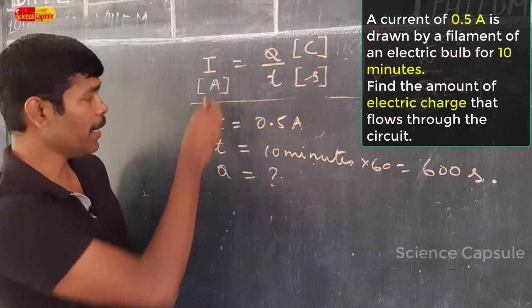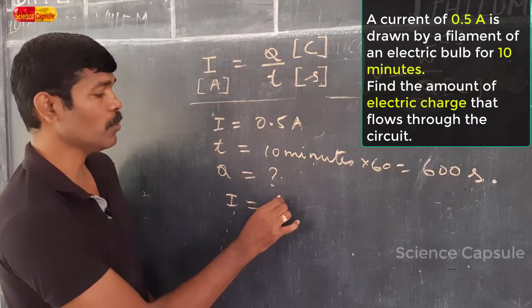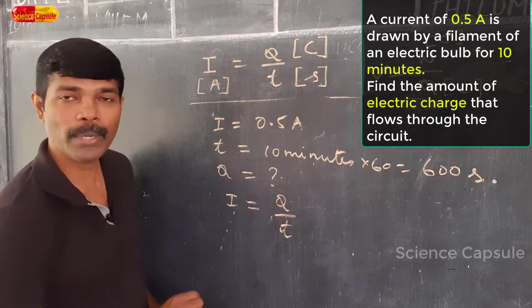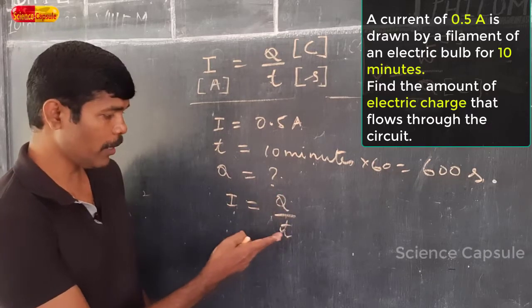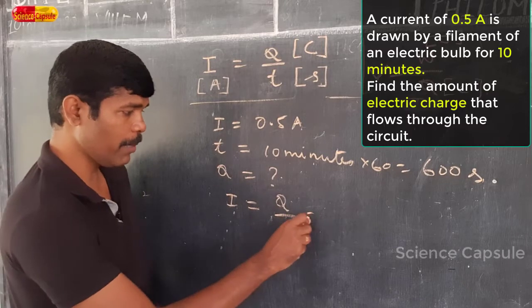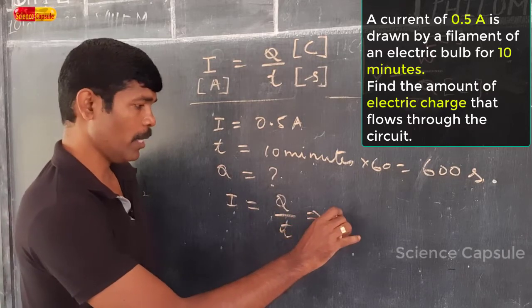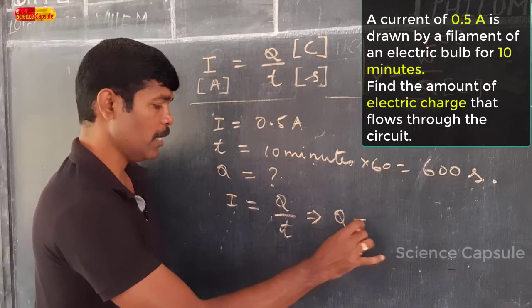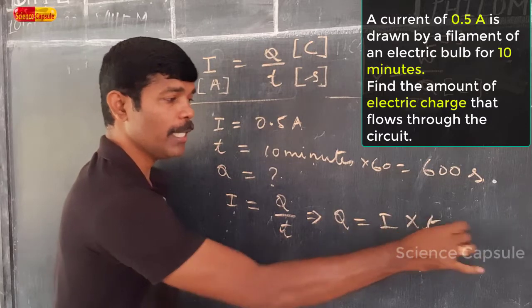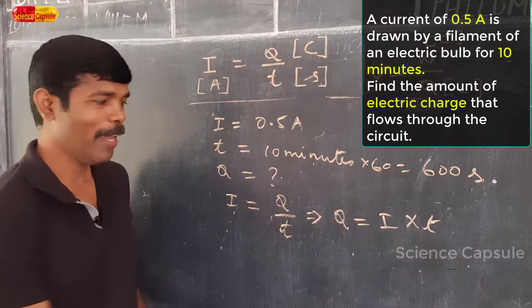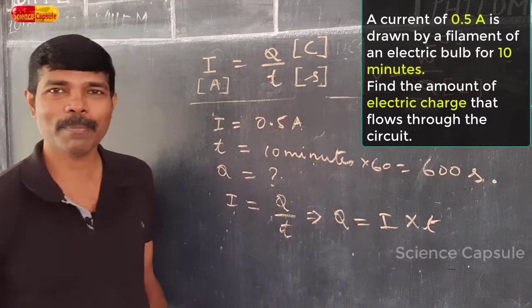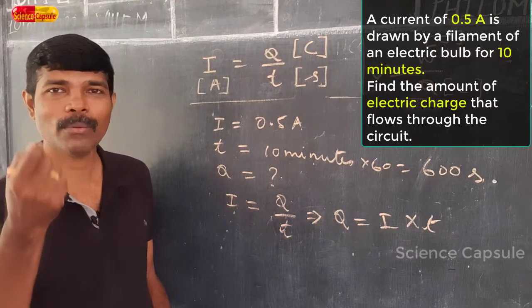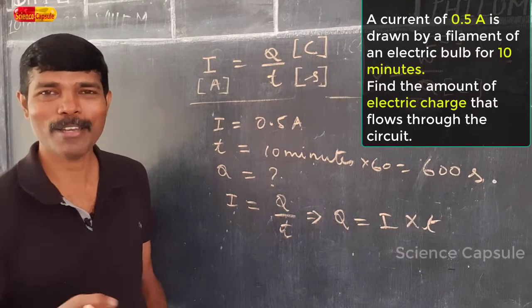We know the formula I is equal to Q by T. This you have to write. From this equation, if T goes to the other side, the equation can be rearranged easily, right? So Q is equal to I into T. Now once you have rearranged the equation properly, the only thing left is to substitute the values and solve it.